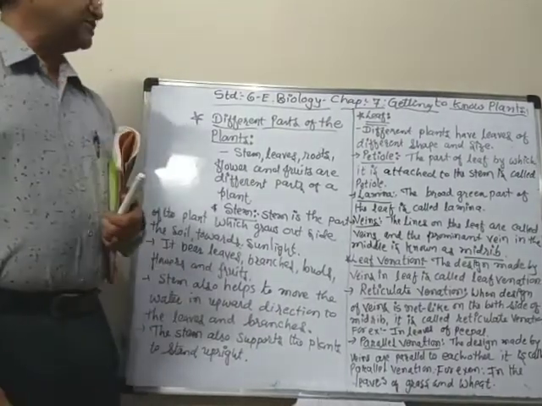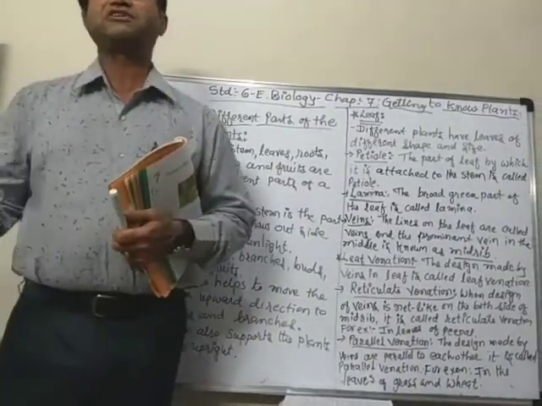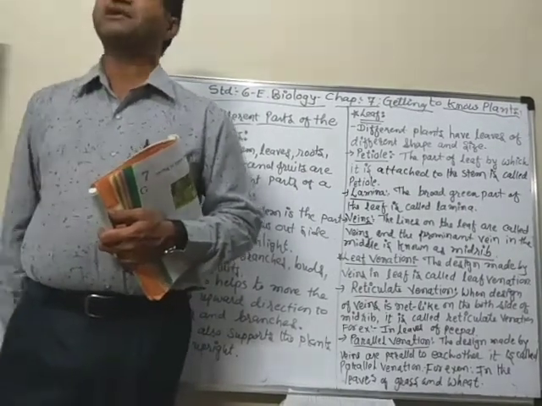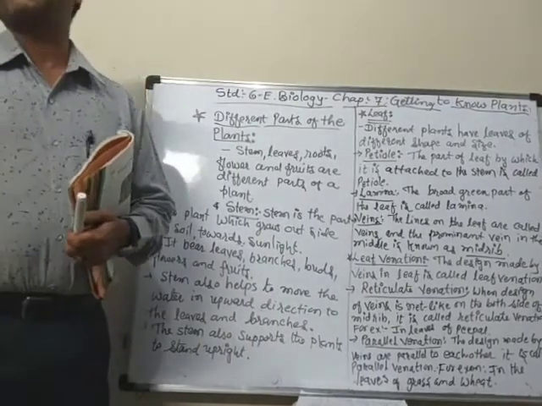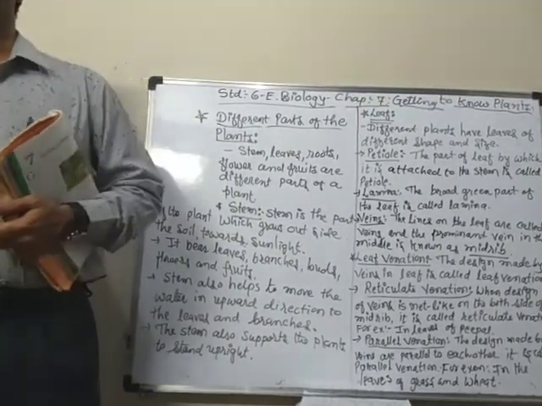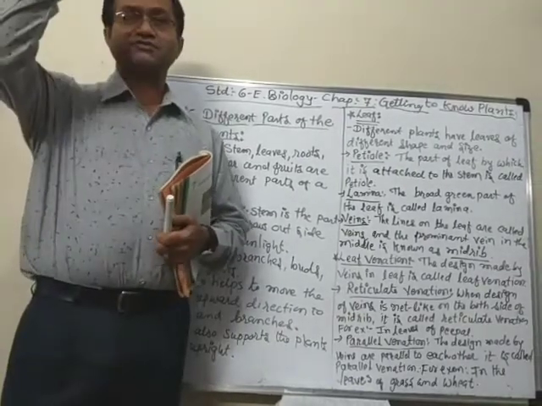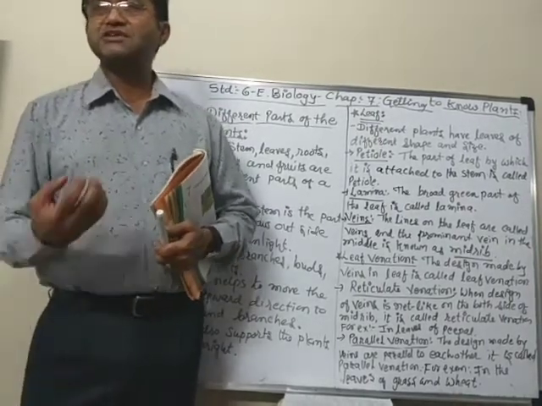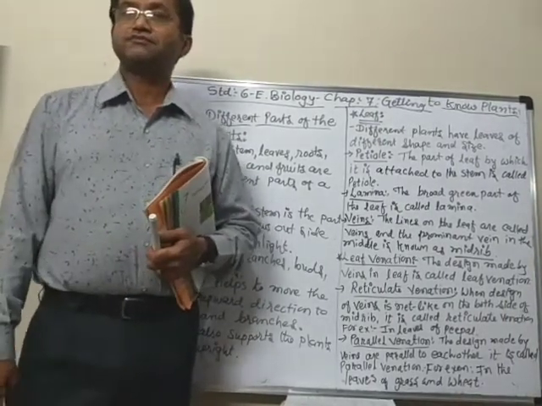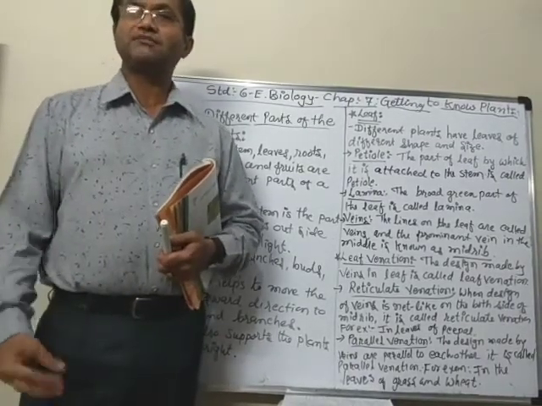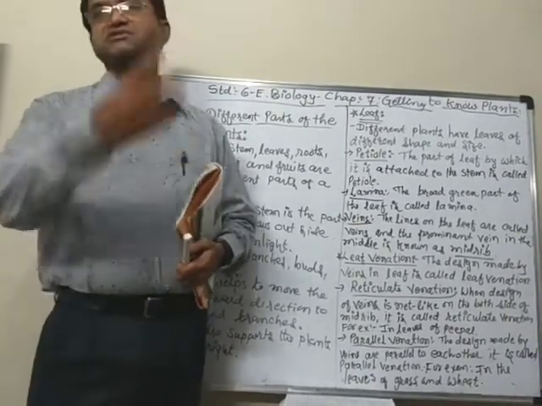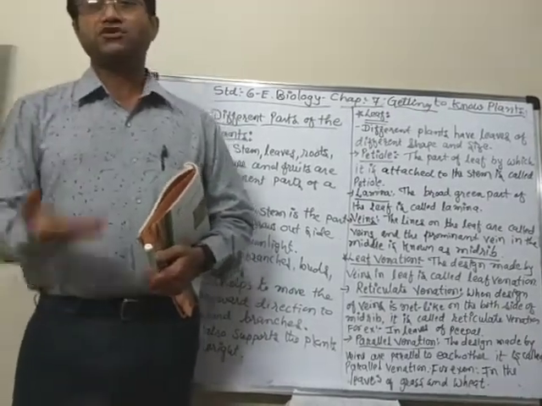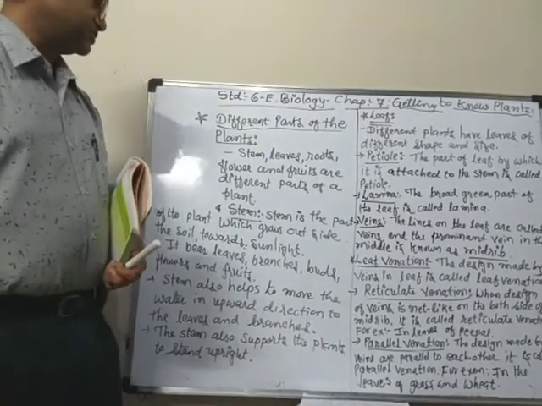And others are the tall ones like trees, which have several meters of height, and their stem is very strong, stout, and has branches from the top. While in the shrubs you saw that the branches arise near the soil. As it comes out of the soil, just near it, the branches start to arise. But in the trees, the stem goes up, and then from the top the branches arise.